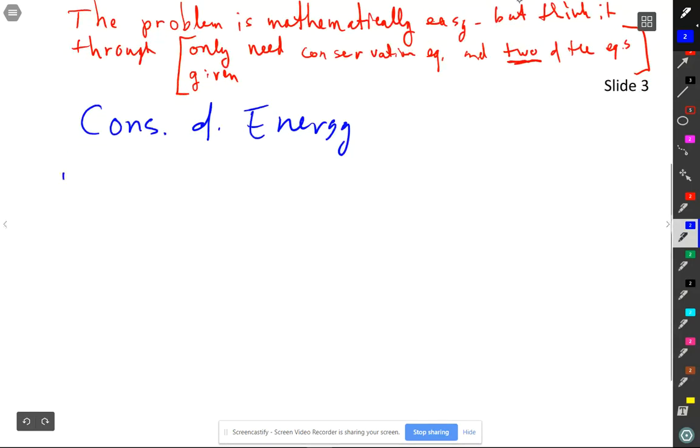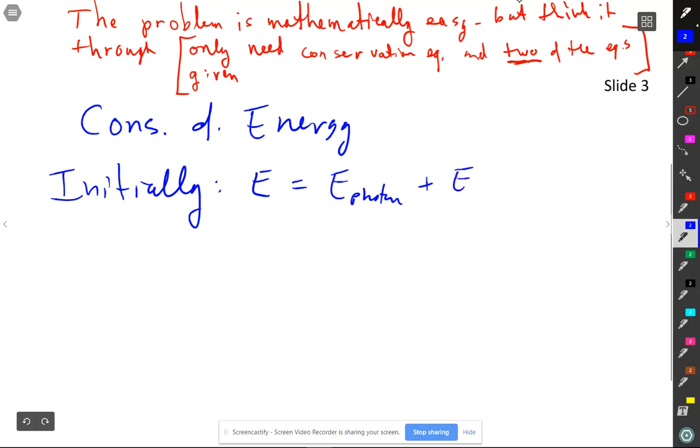So initially, we have energy equals the energy of the photon plus the energy of the electron. So that would be hc over lambda plus mass of electron c squared. That's what we start with.